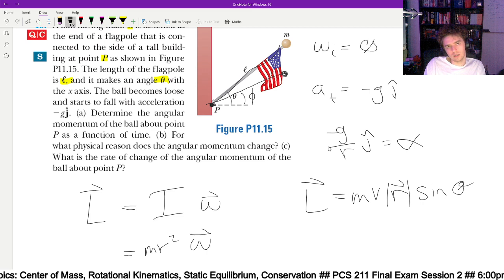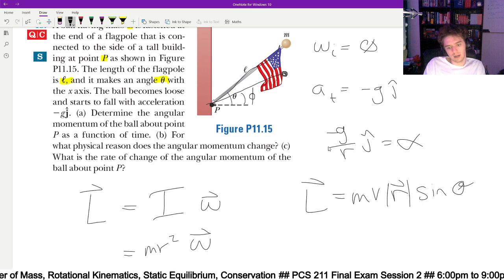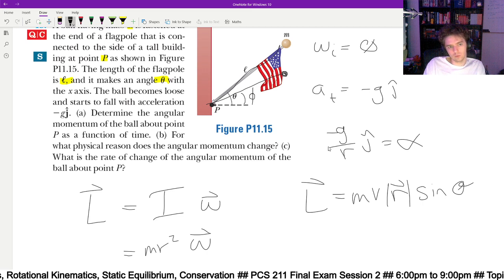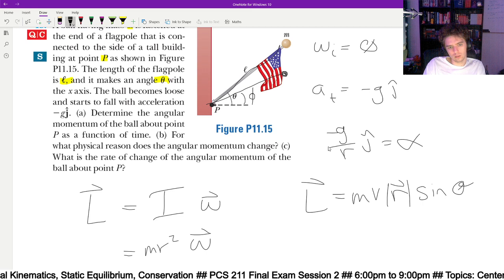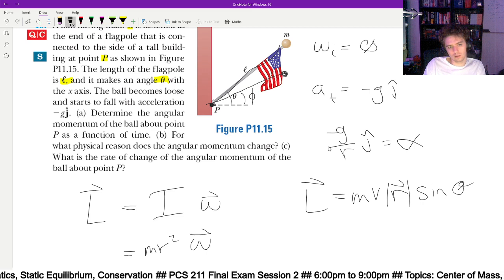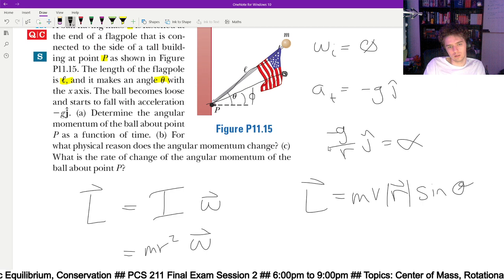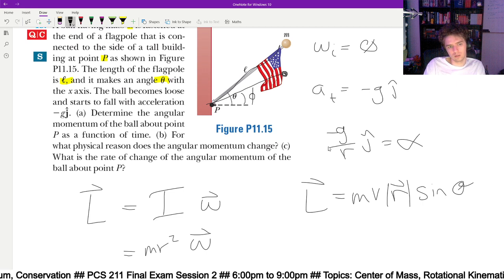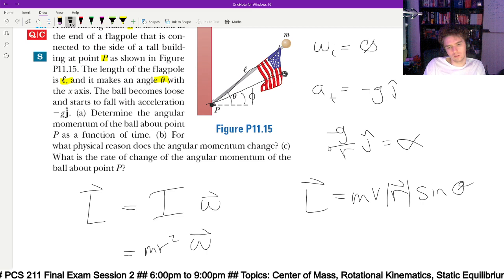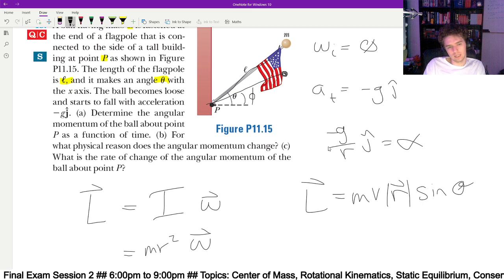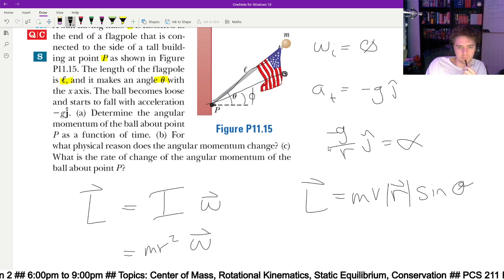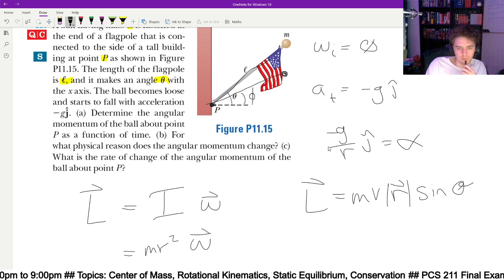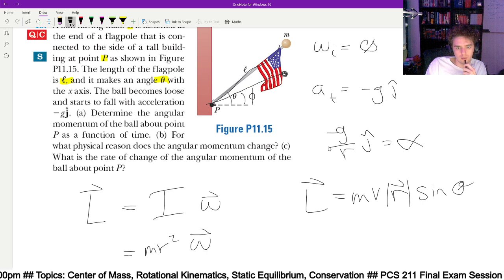And then there is the change of angular momentum in the second part, which is only the ball, but the other part is always still zero. But we still don't know omega. Still don't know omega.